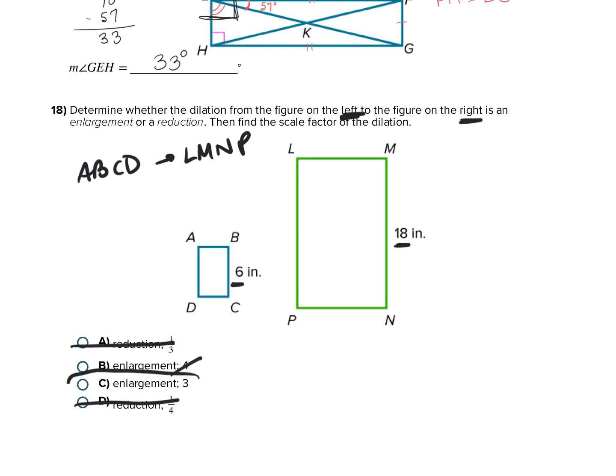So it has to be C. 6 times 3 gives me 18. So the scale factor for this particular problem is 3. And all the sides, remember with a dilation, all the sides have the same scale factor.